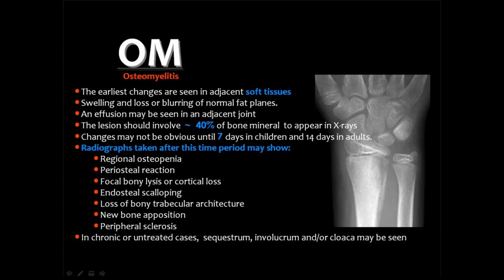And in order for the lesion to appear on the plain X-ray, about 40% of the bone mineral density has to be lost.